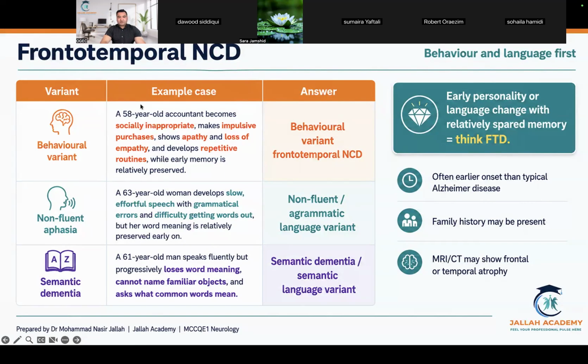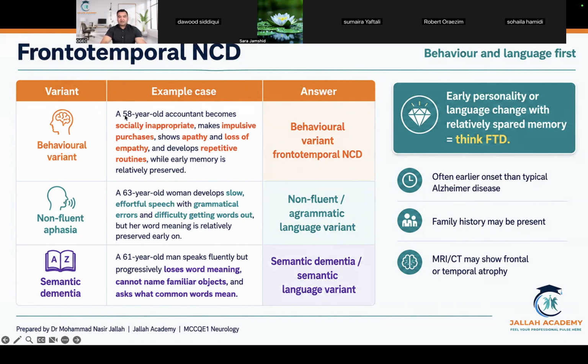Frontotemporal neurocognitive disorder is usually relatively younger than Alzheimer's, because Alzheimer's usually happens after age 65. This one usually happens under 65, at 53, 55, 49, 48, relatively young, not very young.